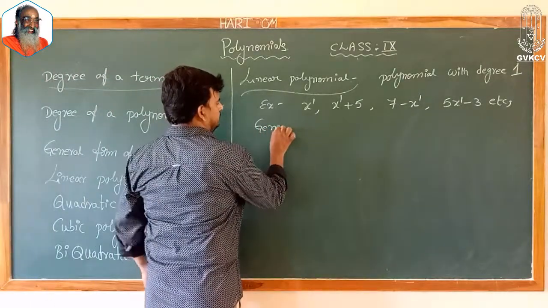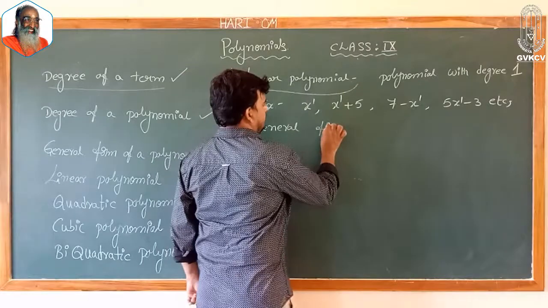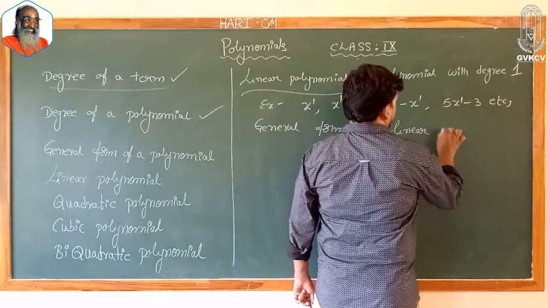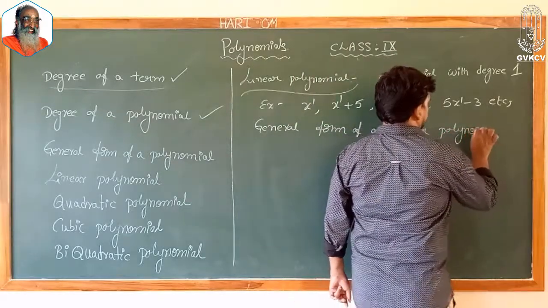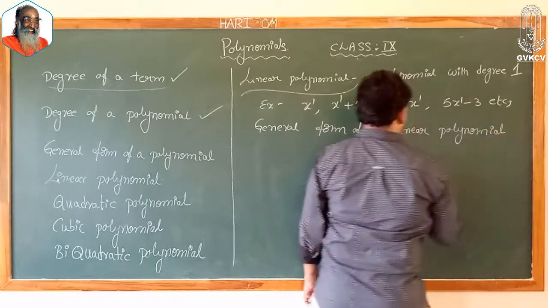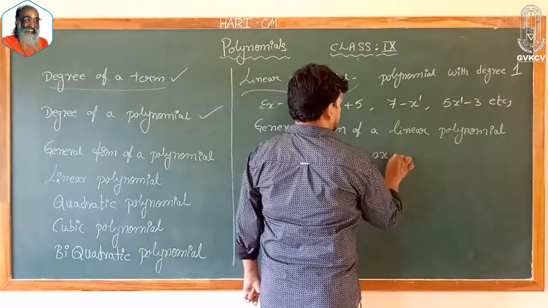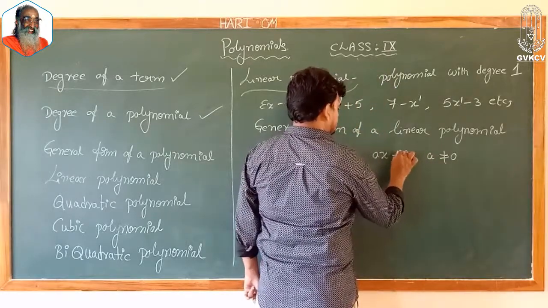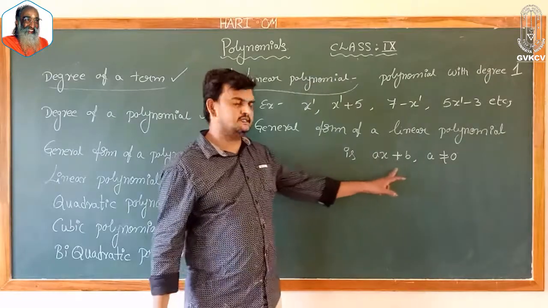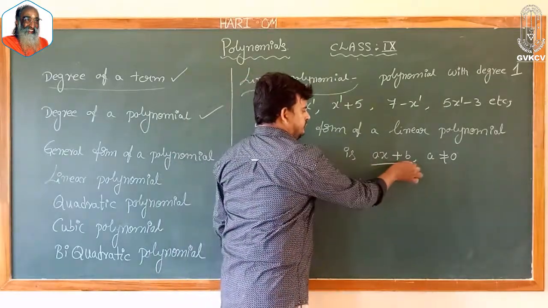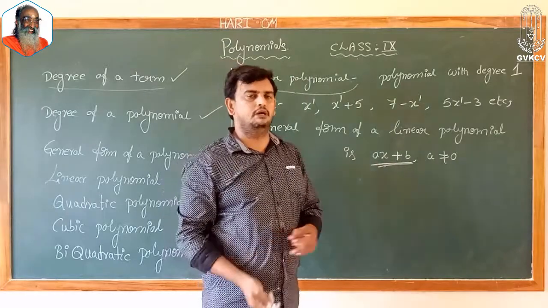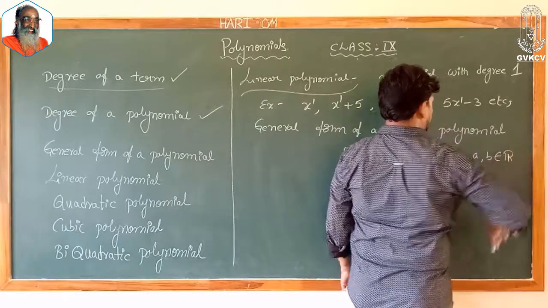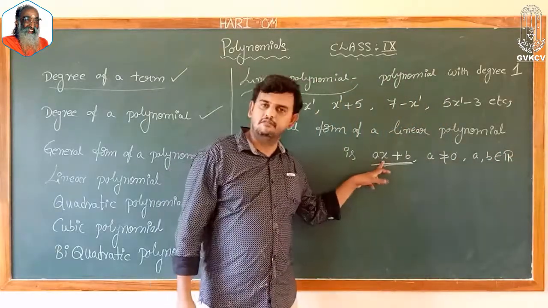The general form of a linear polynomial is ax plus b, where a is not equal to 0. Ax plus b. This is the general form of a linear polynomial. In this, a and b are real numbers, and x is a variable.